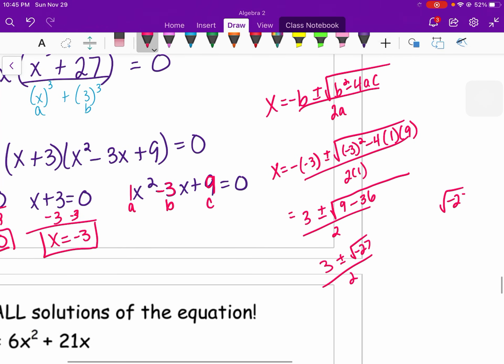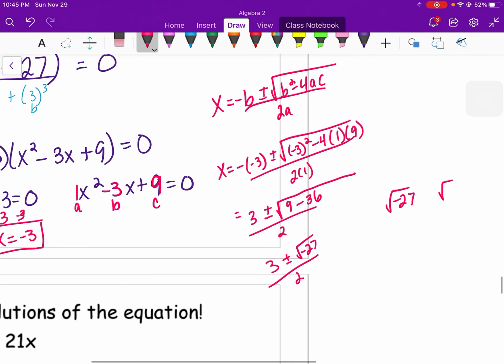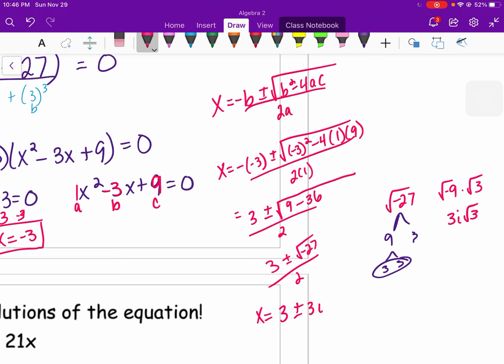The square root of negative 27 is the same thing as the square root of negative 9 times the square root of 3, so it'd be 3i square roots of 3. You could also break it down, 9 times 3, 3 times 3, bring out a 3. And it's imaginary because 27 is negative. So, final answer, 3 plus or minus 3i square roots of 3 all over 2.